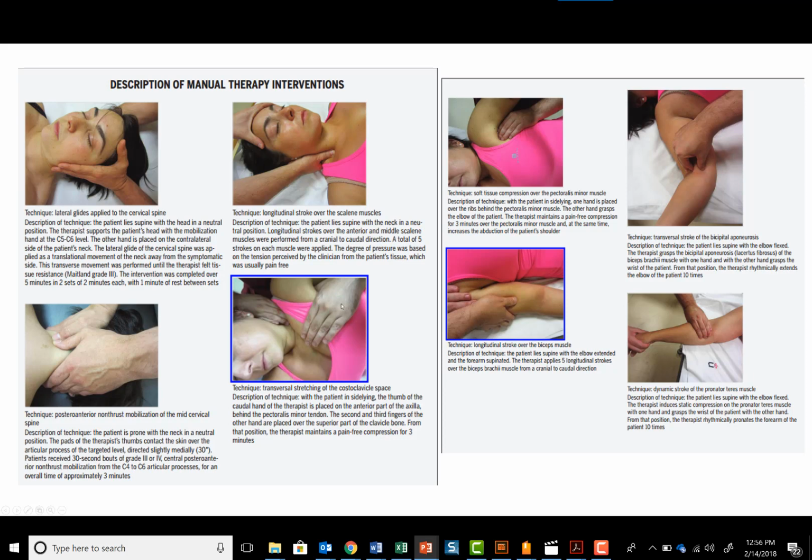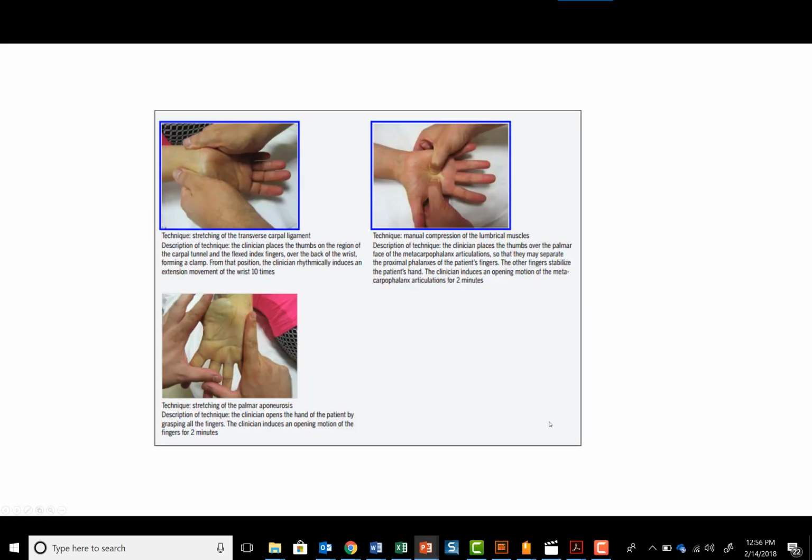And they even did techniques down into the elbow extensors, pec minor, transverse bicipital aponeurosis, where the median nerve would kind of run under there, all the way down into the forearm. So they really followed that nerve the whole way. And then they did some stretching of the carpal tunnel.